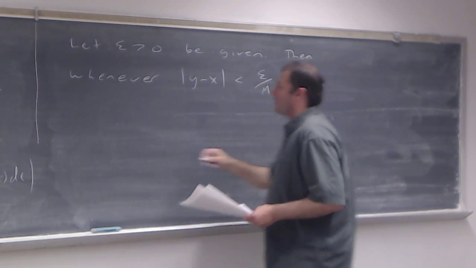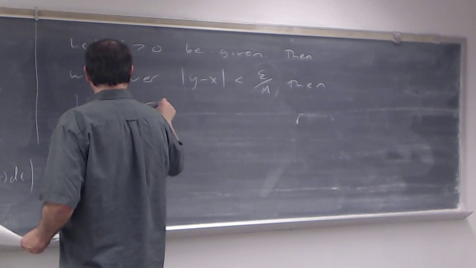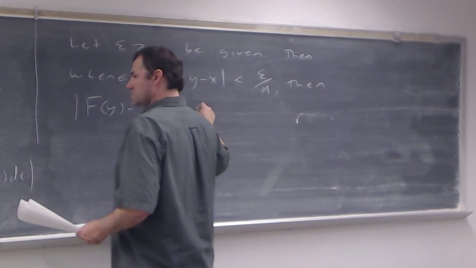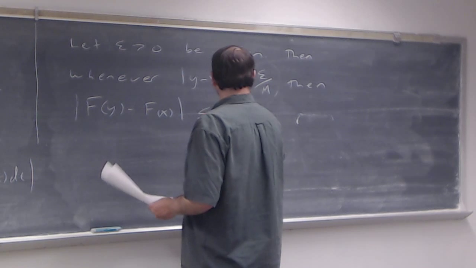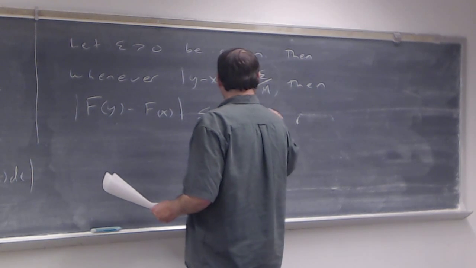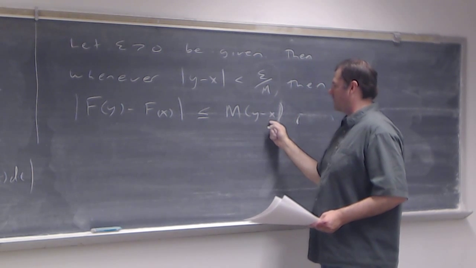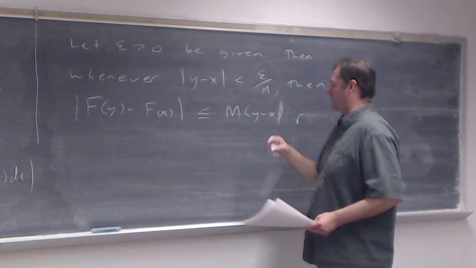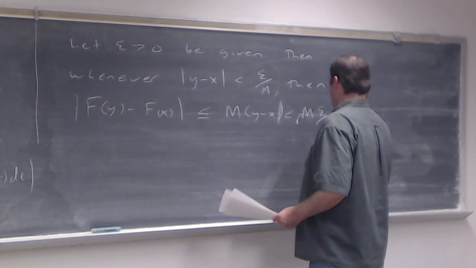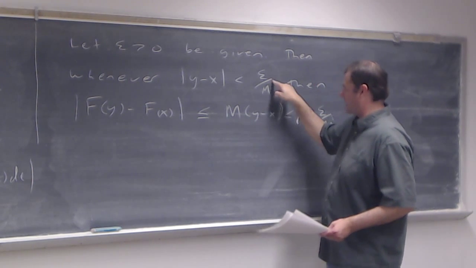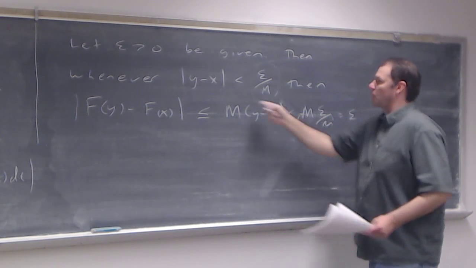Then the absolute value of F of y minus F of x is, by our previous work, less than or equal to M times y minus x. But y is bigger than x, so y minus x is the absolute value of y minus x. That's less than M times epsilon over M, substituting in, which is equal to epsilon. So this is less than epsilon whenever this occurs.